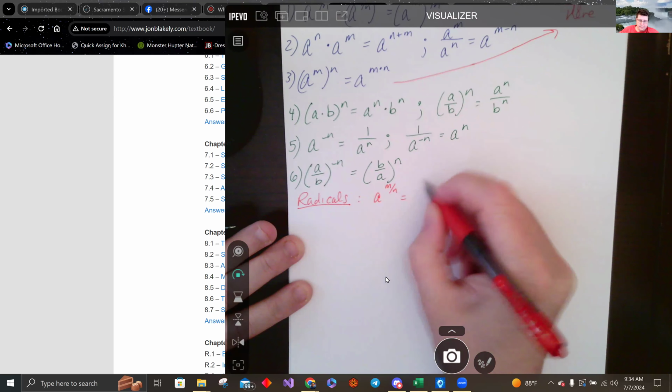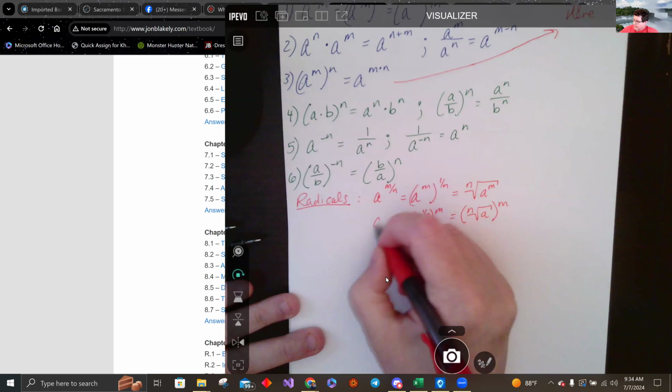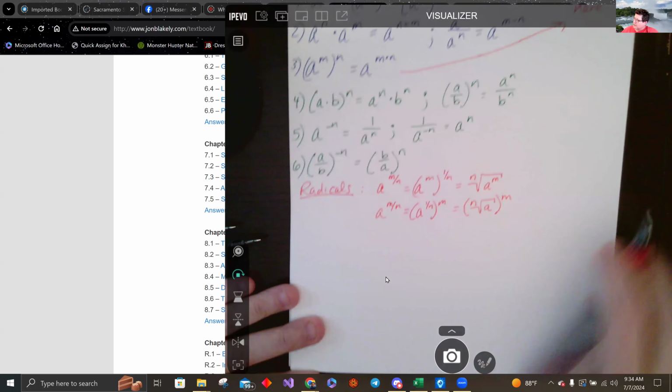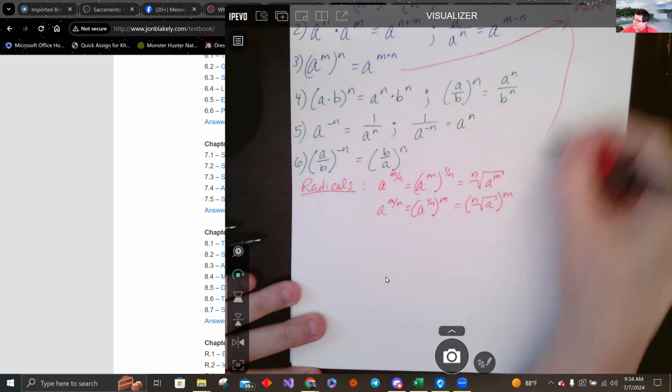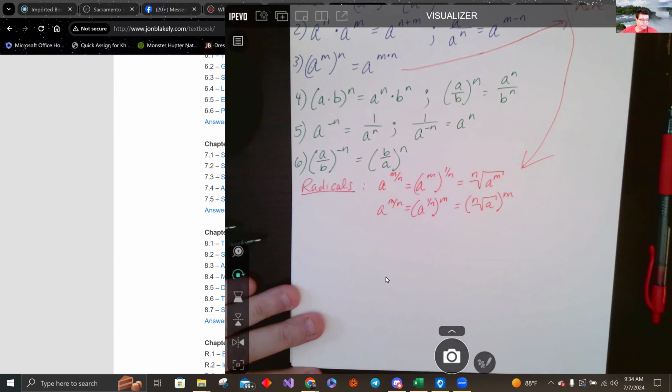So this becomes the nth root of a to the m power. That's the same on both of those. Just changing the order that we applied this. Okay. See what other rules we want to talk about here.